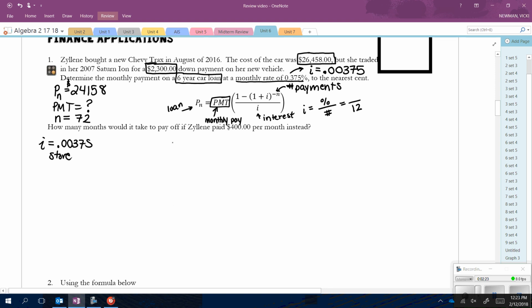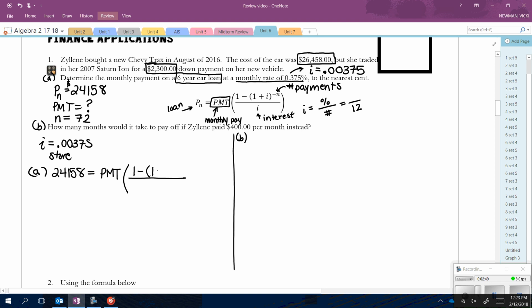So first part of the question, part A, asks to figure out the monthly payment. Part B asks us to do something else. So this will be part B over here. So we have $24,158 for our loan. We're trying to figure out how much we're going to pay each month. And we're 1 minus 1 plus I, because I stored it.